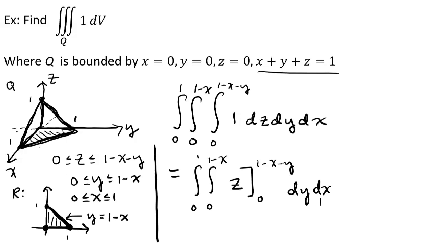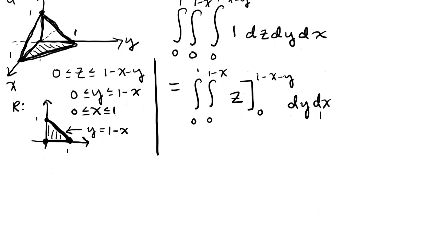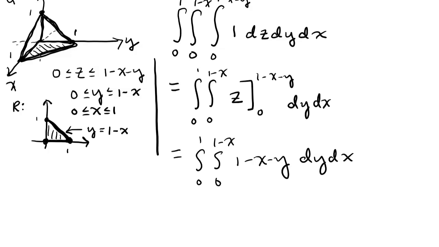Then filling that in, we just plug in the 1 minus x minus y. So we have the integral 0 to 1, 0 to 1 minus x, and then 1 minus x minus y, minus 0 on the inside. So then we're just left with this, dy dx.